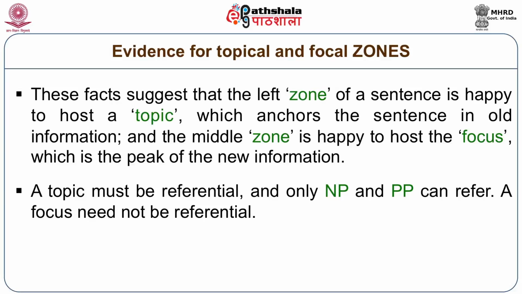Our hunch is that a topic must be able to refer. Referential expressions in human language are NPs or PPs. Adjective phrases, verb phrases and sentences don't refer. Therefore, they are not acceptable topics.